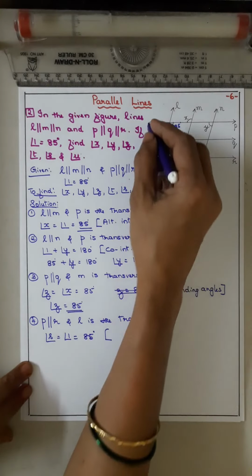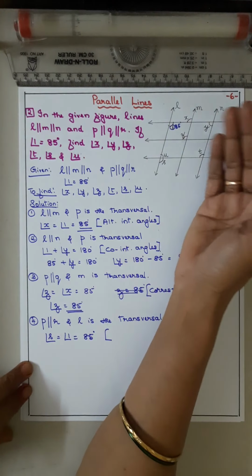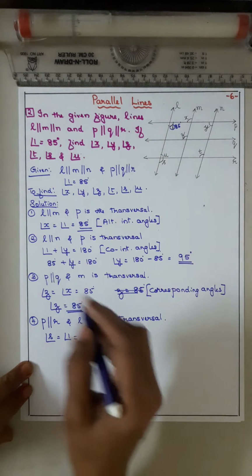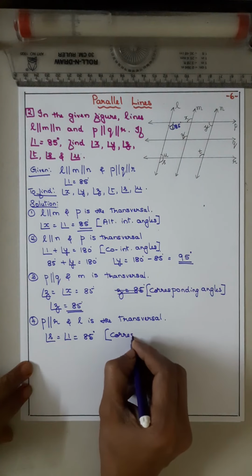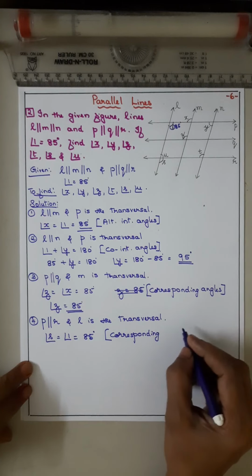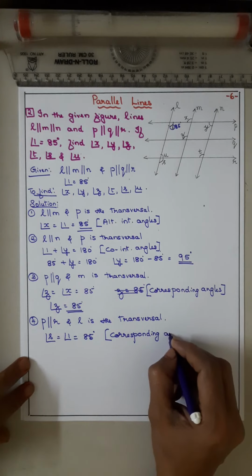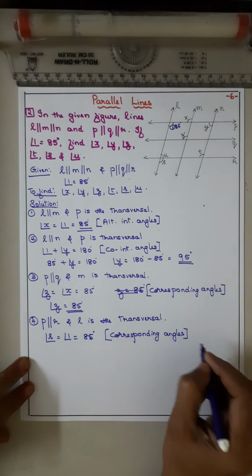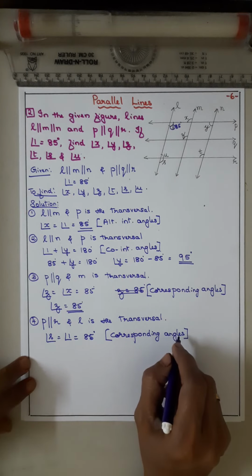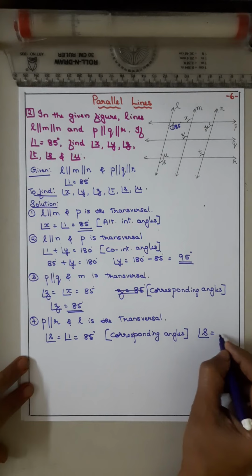Why? These are two parallel lines and this is the transversal. On the same side of the transversal, either both are above the parallel lines or both are below the parallel lines. That means corresponding angles. So you got angle S is equal to 85.